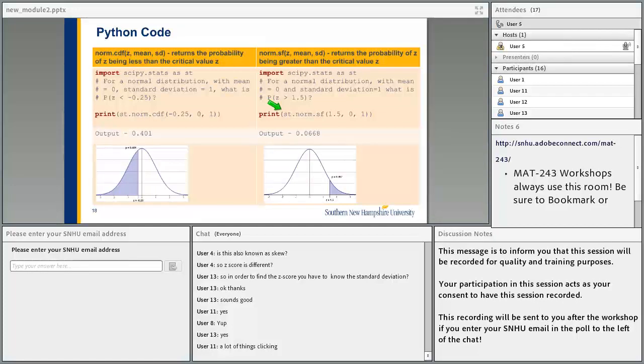So at this point, the Python function that I want to use is st.norm.sf. If you notice, the only difference from the previous one is that there it was CDF, here it is SF. Then we give the z-score, the mean, and the standard deviation.